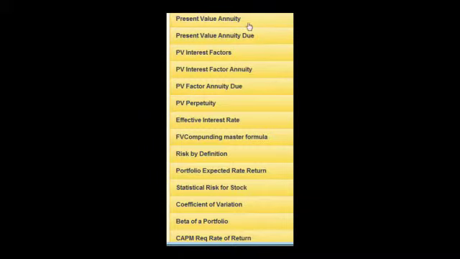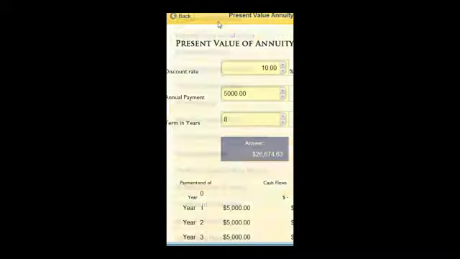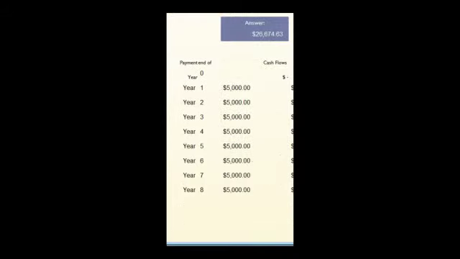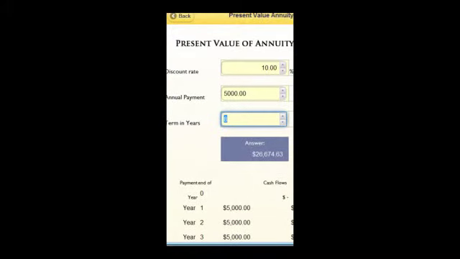Let's look at a present value of annuity. We know that an annuity is a stream of payments. And not only do we give you the 3 options, we also let you see how those cash flows go and what the present values of those cash flows will be at that time. So, let's say I'm getting an annuity of $1,000 annually.